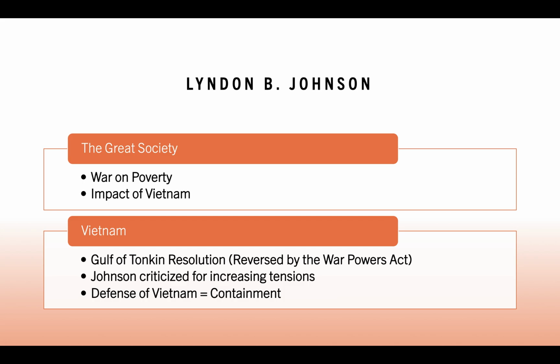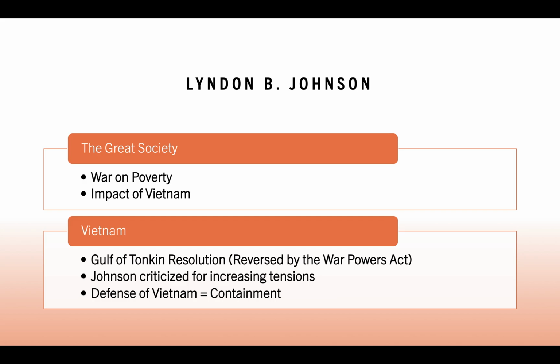When we talk about Johnson in Vietnam, we have to talk about the Gulf of Tonkin resolution that essentially gave the president unrestricted powers in Vietnam to make decisions without Congress kind of tripping him up. But remember, we never declare war in Vietnam. The Gulf of Tonkin resolution helps us basically fight a war without a declaration of war.